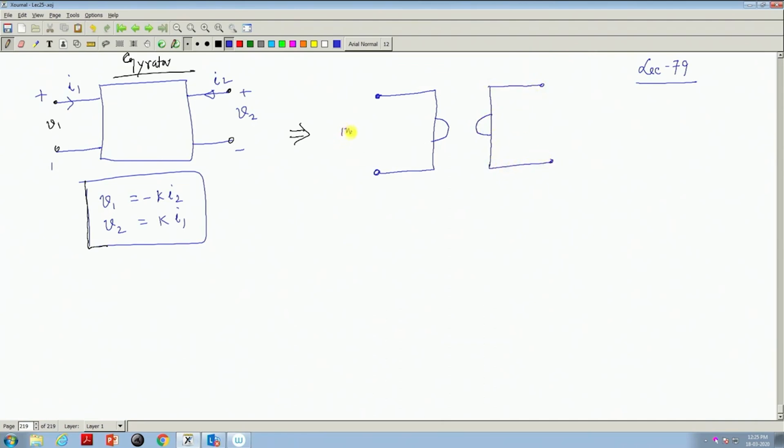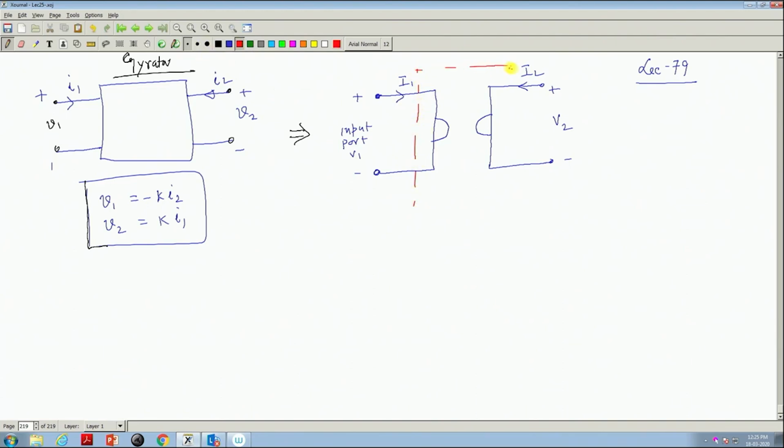This is the input port and this is V1, this is I1 and this is V2 and this is I2. A gyrator is represented in this fashion to distinguish it from other two port networks.